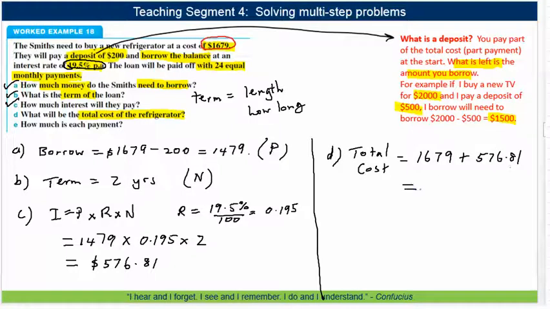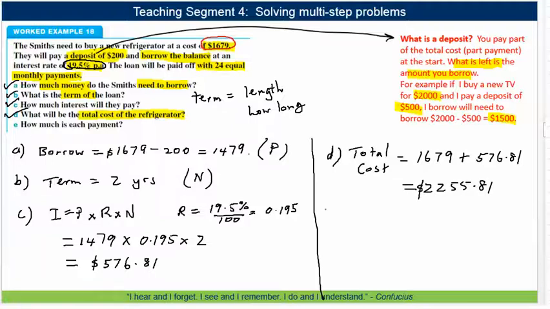So again, we go to our calculator. And so we get $3,255.81.